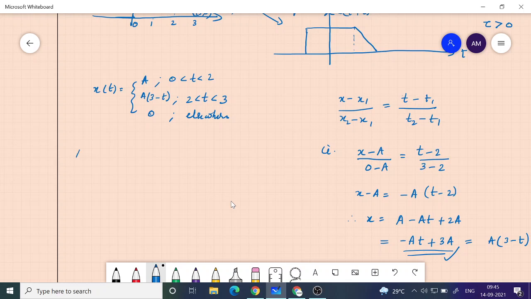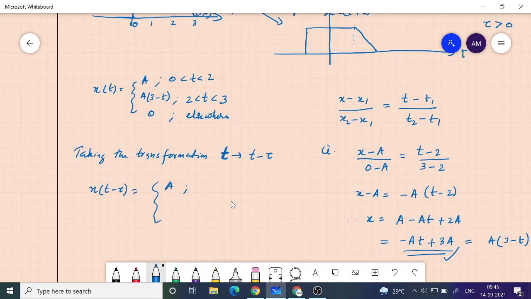Taking the transformation, t becoming t minus tau in the above expression. Wherever t appears, you just replace it with t minus tau.